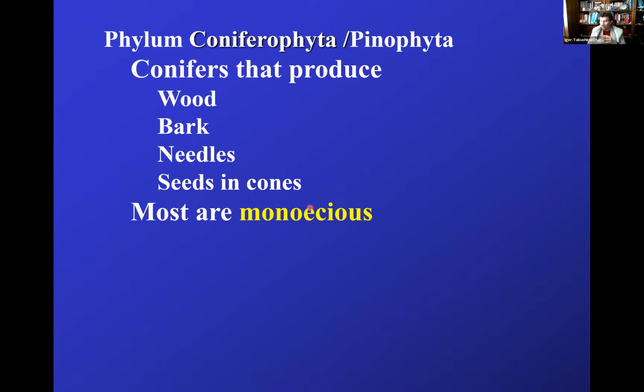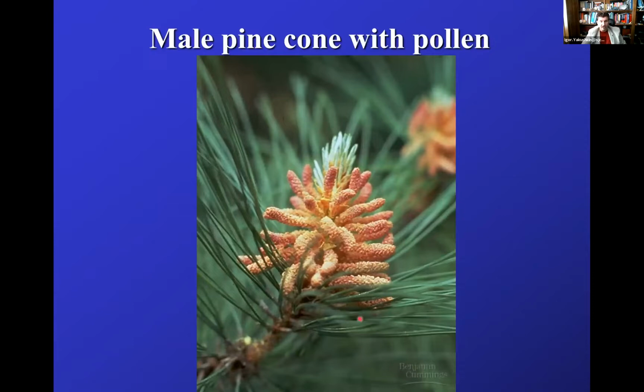Both of my sago palms are males. They produce huge cones which produce spores, well, the pollen essentially. So here we're looking at the pine tree, and those ones are male cones producing tons of pollen.